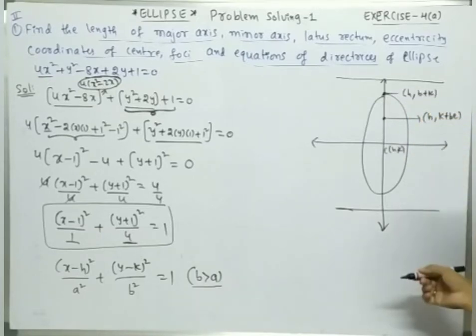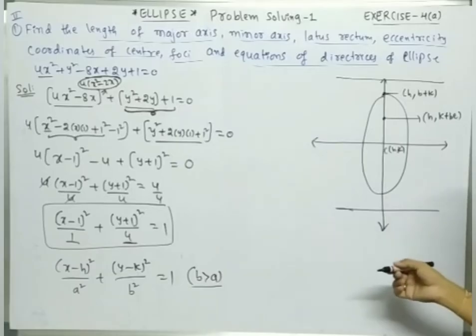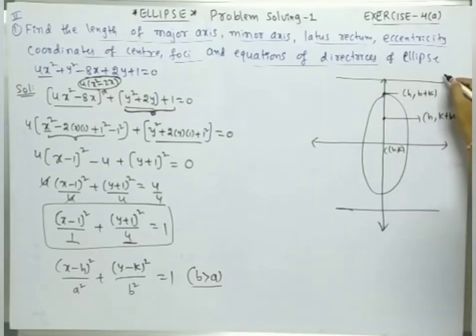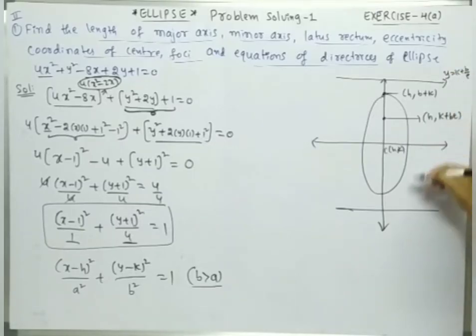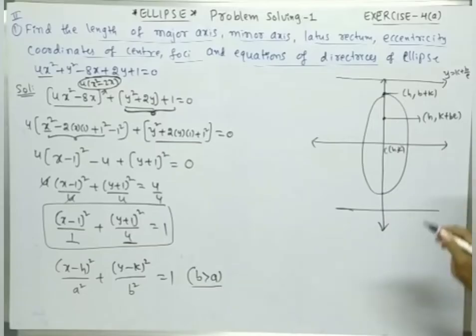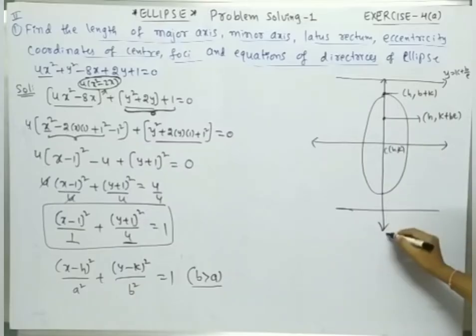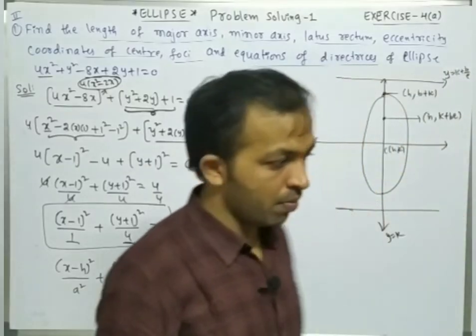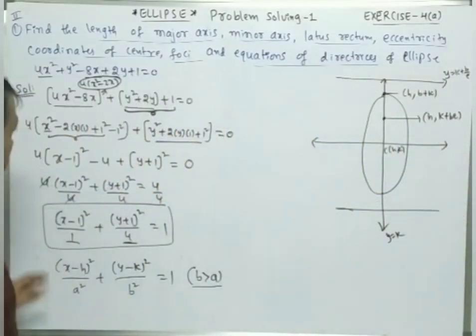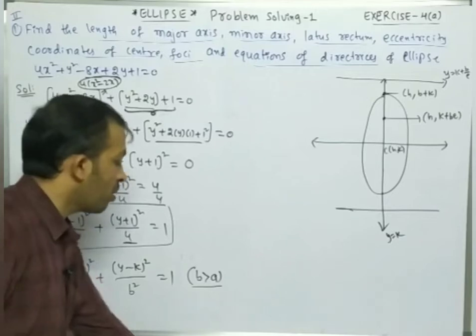Next, the directrix y is equal to b by e there, here y is equal to k plus b by e, same thing with minus. These are the things. And the equation of the axis is y is equal to k. Okay, so now write all those things.